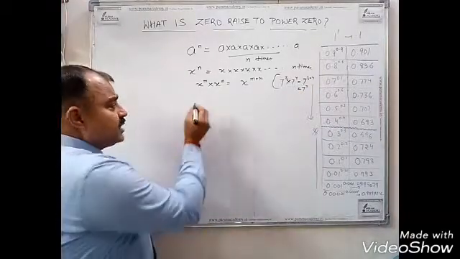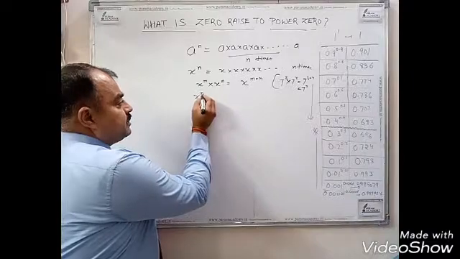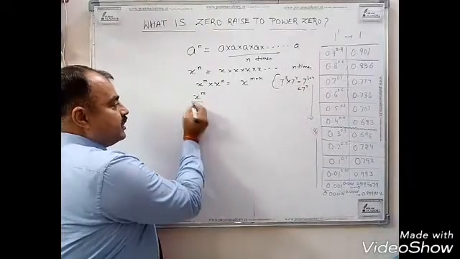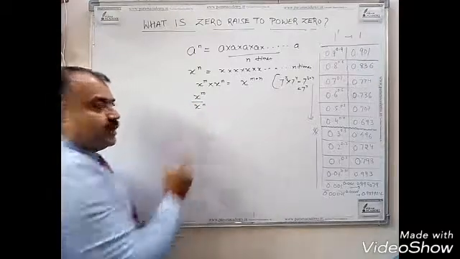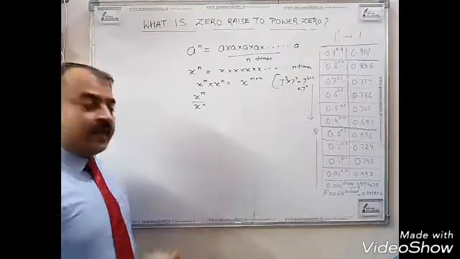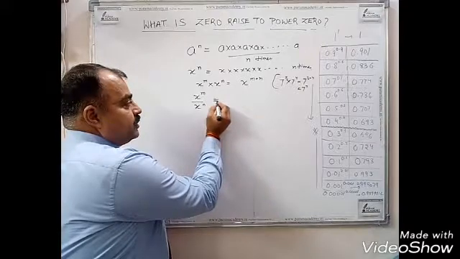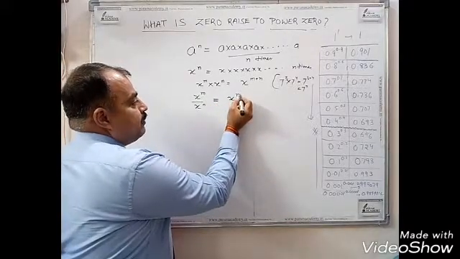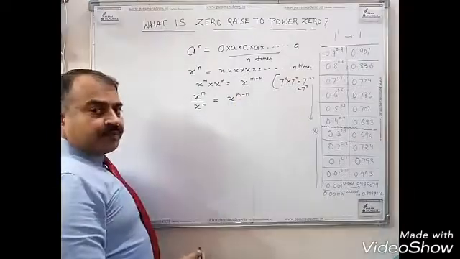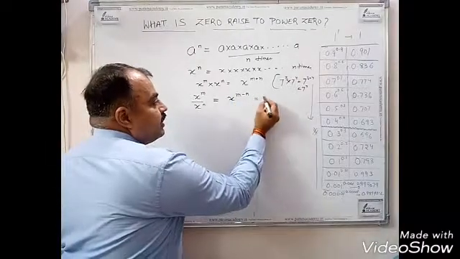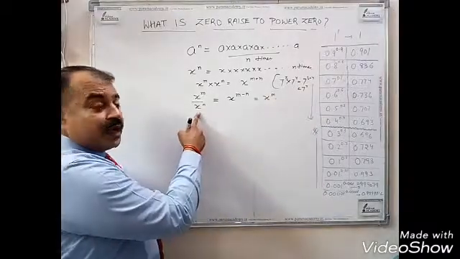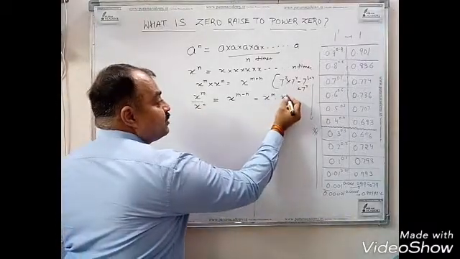Similarly, that was for multiplication, now this is for division: x raised to power m divided by x raised to power n. Whenever we have a division, it is x raised to power m minus n. Why is it so? Because x raised to power m into 1 upon x raised to power n, we can write as x raised to power minus n.